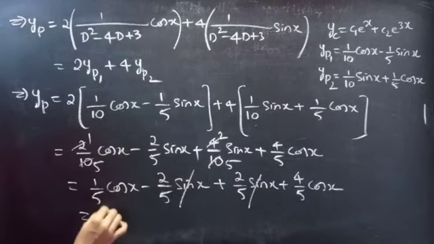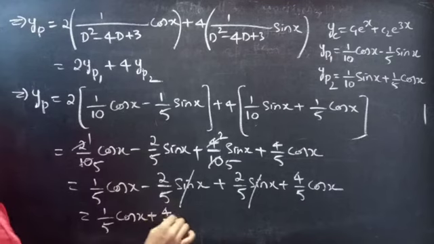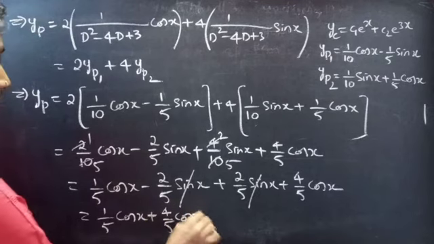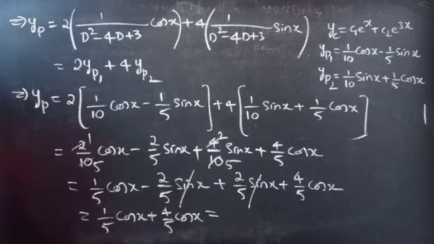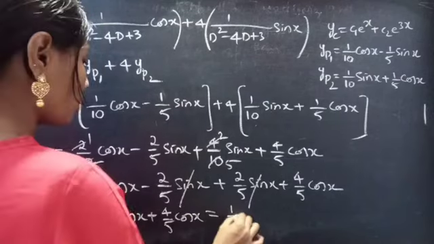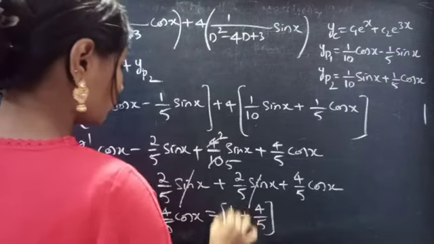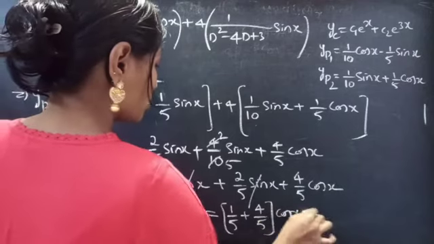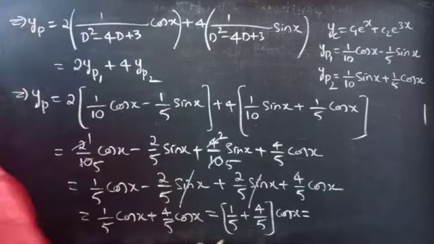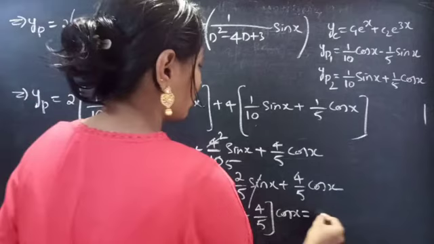We'll get 1 by 5 cos x plus 4 by 5 cos x. Now take cos x common from these two terms. We'll get 1 by 5 plus 4 by 5 into cos x, which is equal to, take the LCM of 5 and 5, which is 5, right?